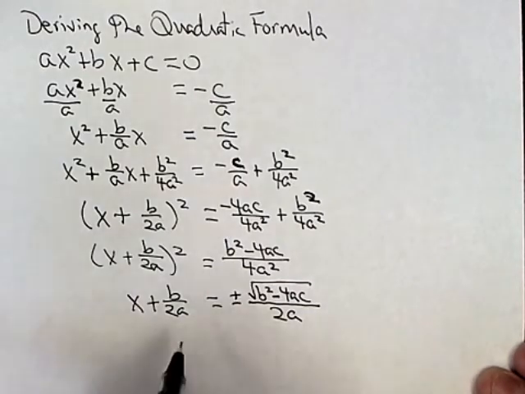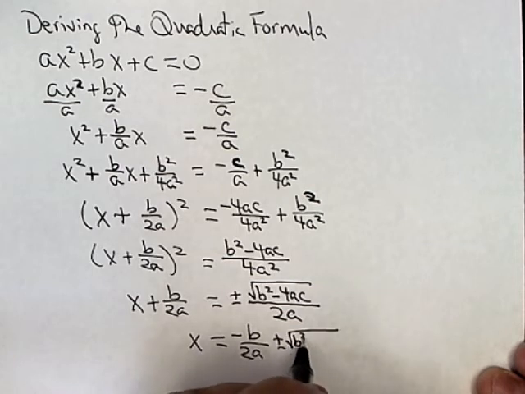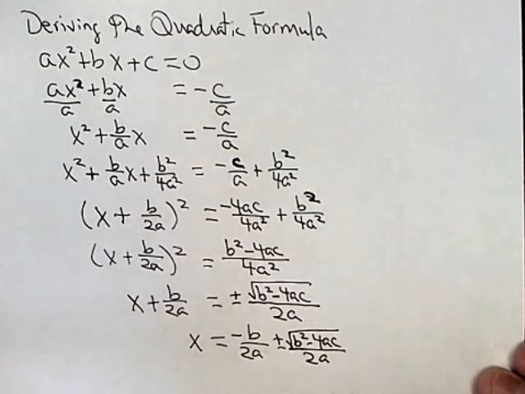Now if I subtract the b over 2a from both sides, I get x is equal to minus b over 2a plus or minus the square root of b squared minus 4ac all over 2a.